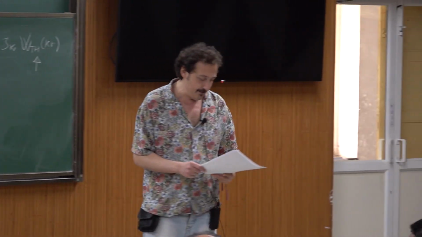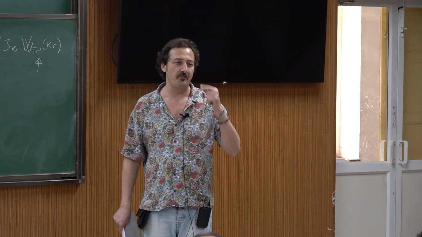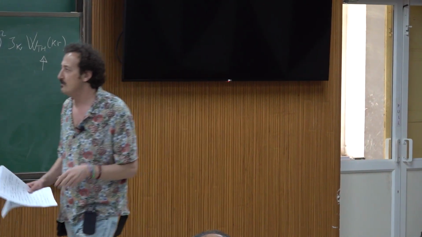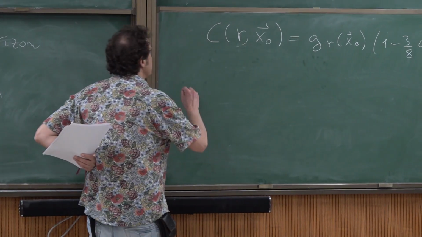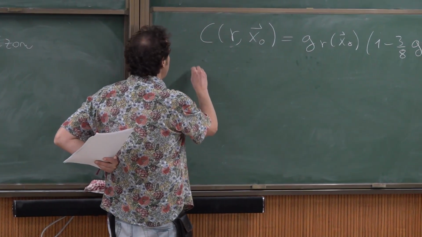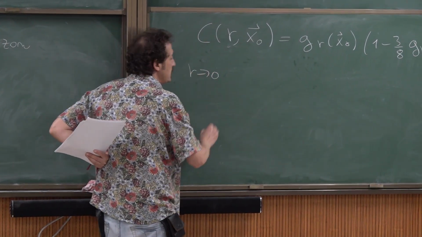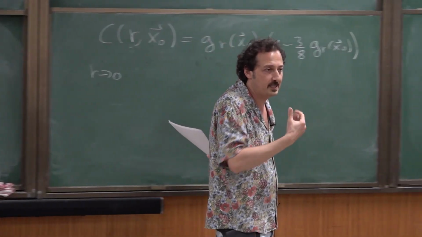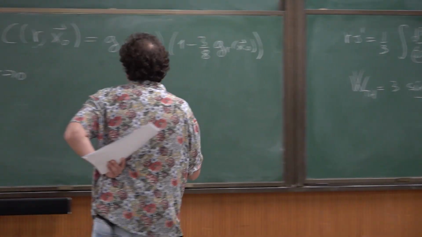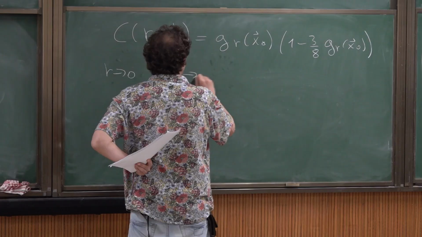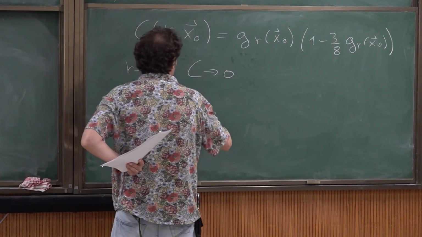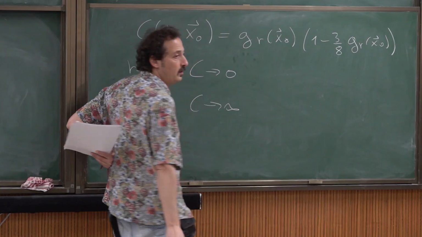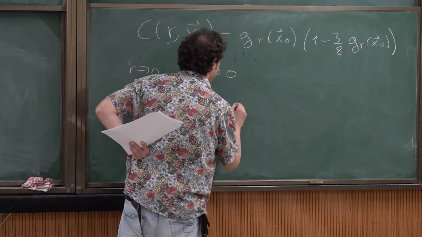But this makes you think, because what happens is the following. By regularity, the gravitational potential at R going to 0 has to be 0, otherwise it will be an explosion. So the compaction function should go to 0, and of course also at infinity, the compaction function should go to 0.